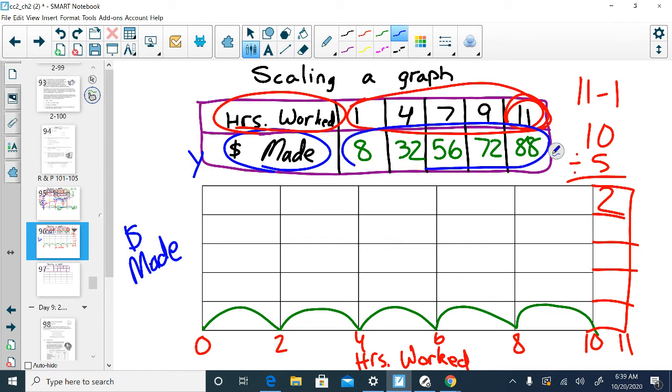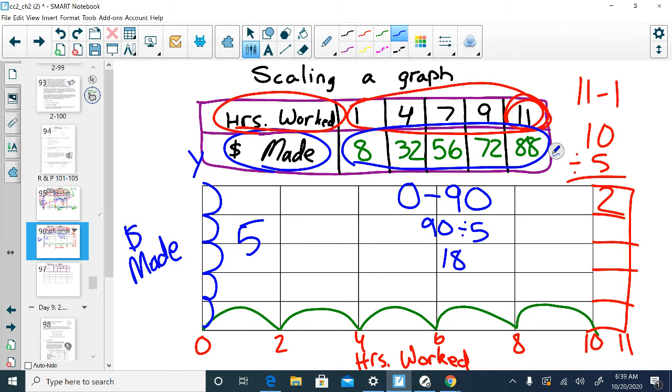So we're going from 8 to 88. We'll do 0 to 90 to make things easy. And so here, from 0 to 90, we're going up again 2, 3, 4, 5 spaces. So I'm going to do 90 divided by 5, and that's going to give me, let's see, 18.